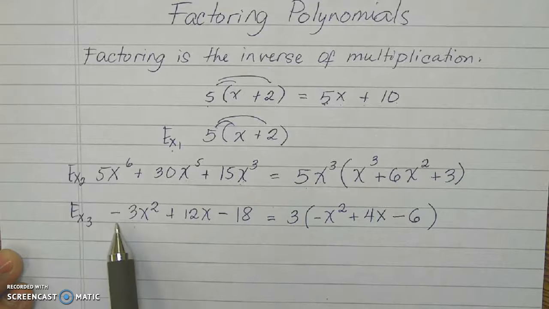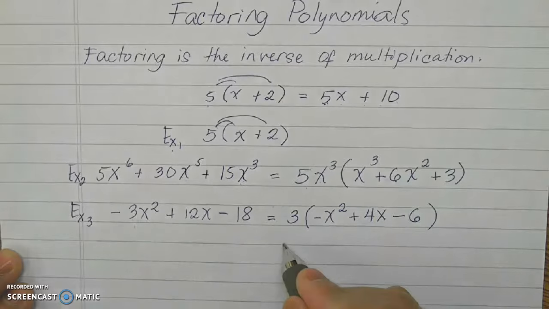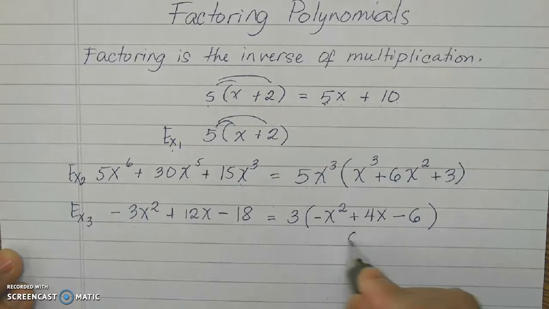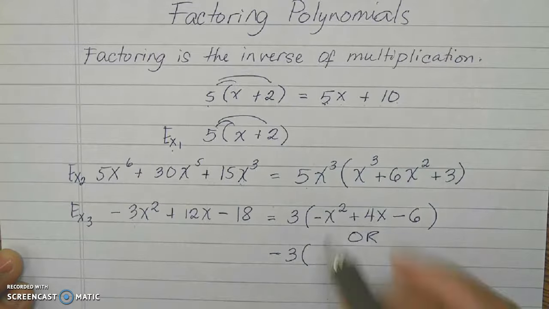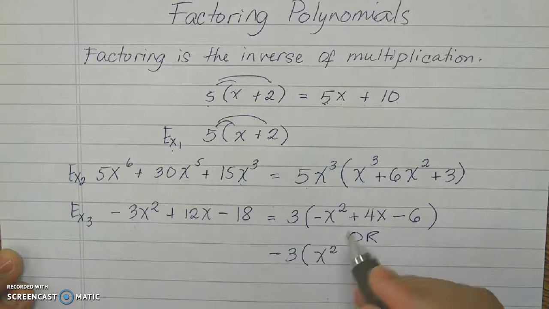However, if you look at this, there are really 2 ways to do this. I can actually take out negative 3 if I want to. So let's try doing the factoring by taking out the negative 3. So this is an OR. If I take out the negative 3, what will change is the sign. So this is going to be an x squared, positive.